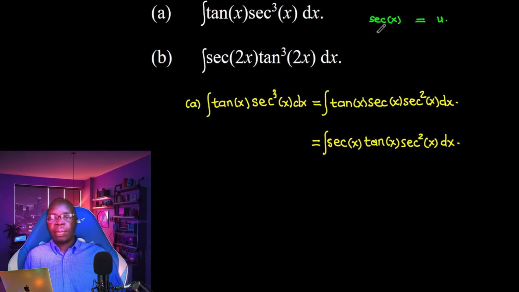Now here, the derivative of secant is secant x tangent also of x, and here is with respect to x. So this is equivalent to the derivative of u with respect to x.